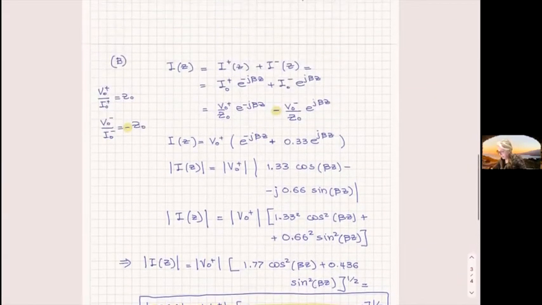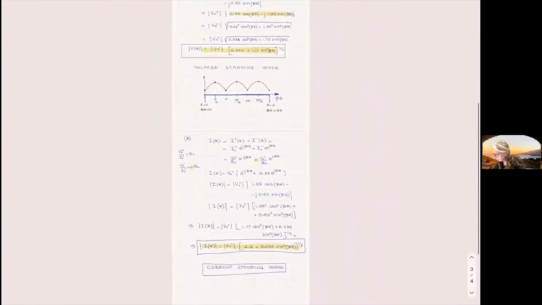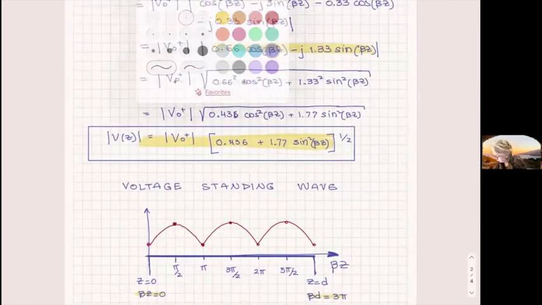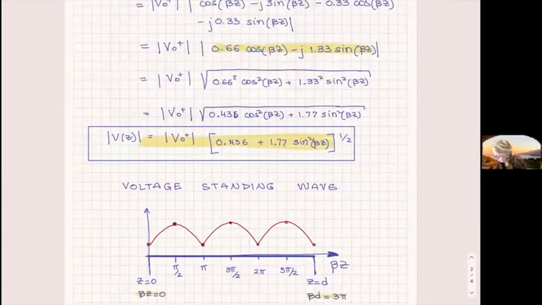Okay. If we were to compare the two, to be accurate I will have to make this 0.2.